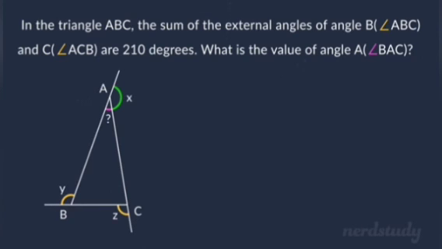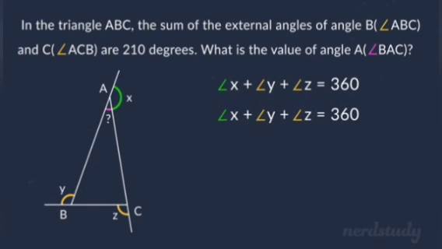Remember that all exterior angles of a regular polygon add up to 360 degrees. In light of this, you are given the sum of two exterior angles, which is 210 degrees. Therefore, the last exterior angle can be gotten by subtracting 210 from 360 degrees, which is 150 degrees.